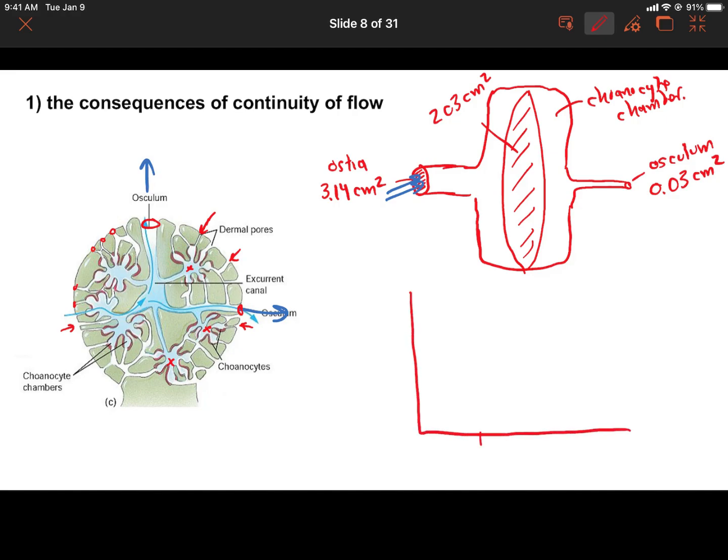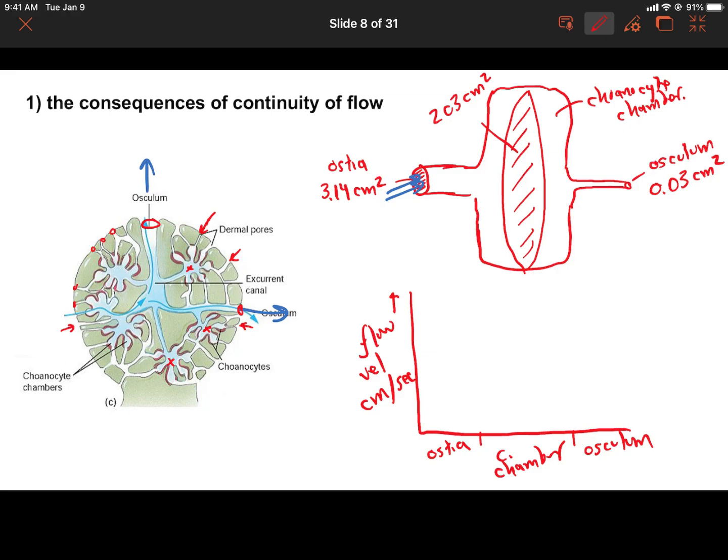So let's just draw a corresponding graph down here. So this is the ostial velocity, this is the osculum velocity, this is the choanocyte chamber velocity, and here's flow velocity, and we'll do centimeters per second here. It's going up here.